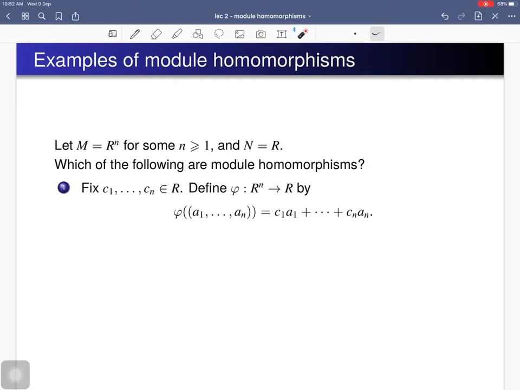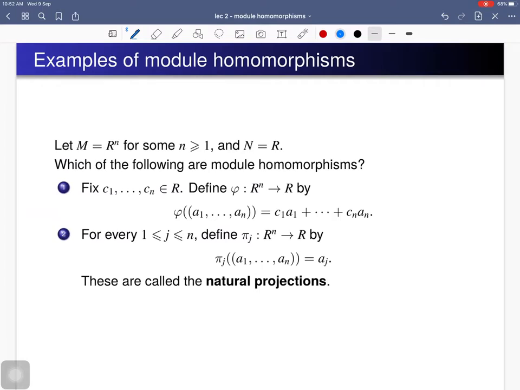Is it a module homomorphism? We can verify that it preserves addition, where addition is defined component wise, and it also preserves scalar multiplication, where scalar multiplication is also defined component wise. So this is a module homomorphism.